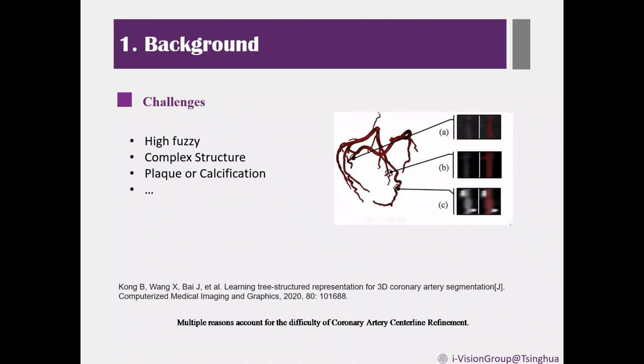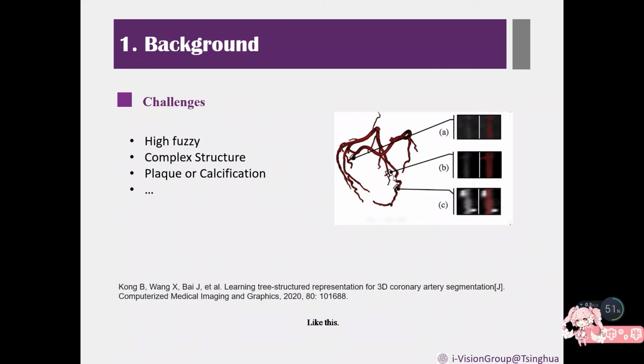Multiple reasons account for the difficulty of coronary artery centerline refinement. Firstly, the boundaries between the artery and the background are often highly fuzzy, as shown in Figure A. Secondly, the tubular structure of the coronary artery is extremely complex. There may exist a large number of bifurcations, like this.